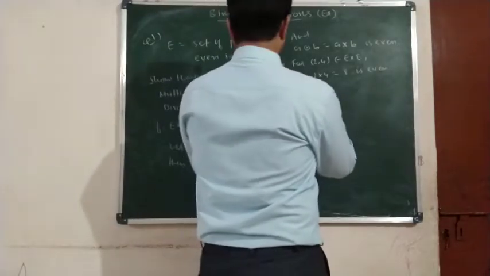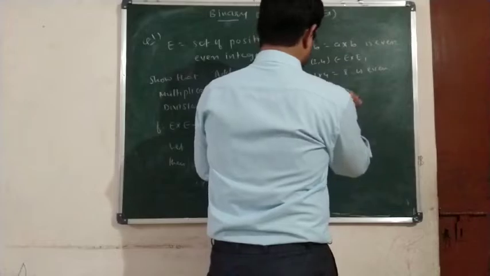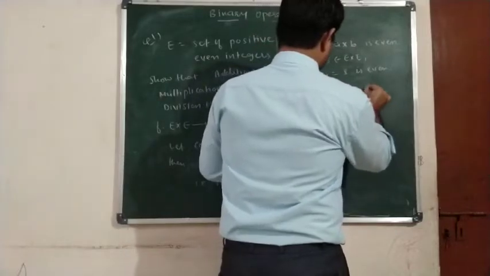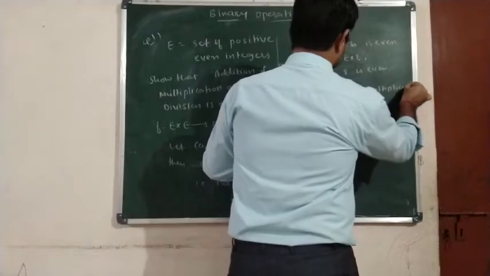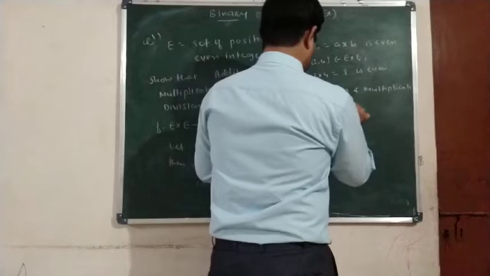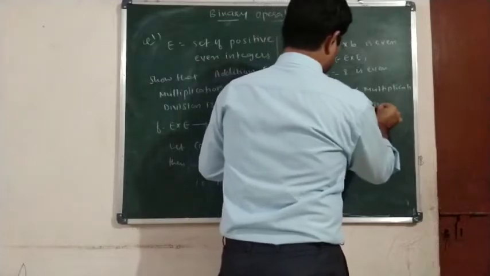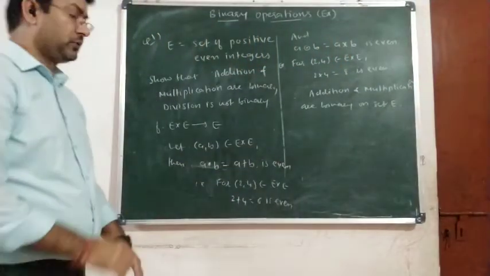So we will write down that addition and multiplication are binary on set E. Clear? Note down.